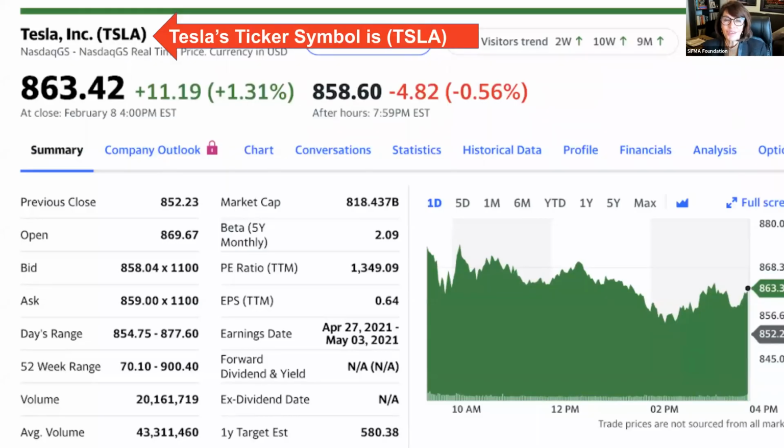And here I have a demonstration for you. Look up and you see that their ticker symbol is always in brackets, okay? And it's TSLA. Now for the stock market games, our trades must be with the exchanges on NASDAQ or the New York Stock Exchange.